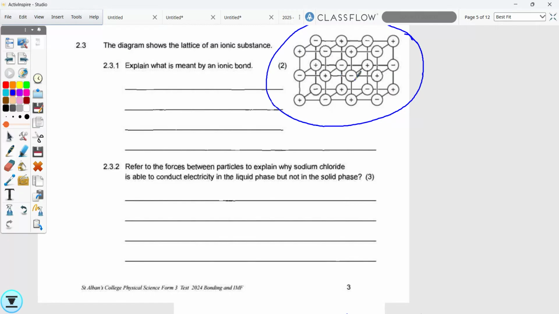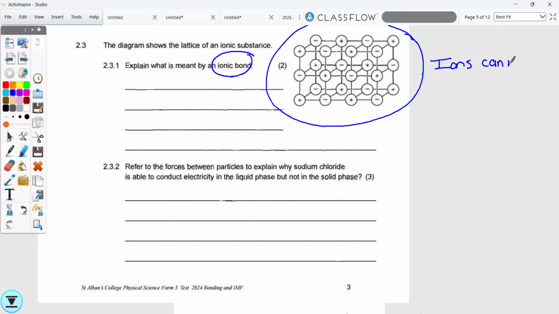Where are the electrons, guys? What are these things? We were told what they are. Ions, please. If you use the wrong word in chemistry, you floor yourself. So you need to say, in the solid form, ions cannot move.